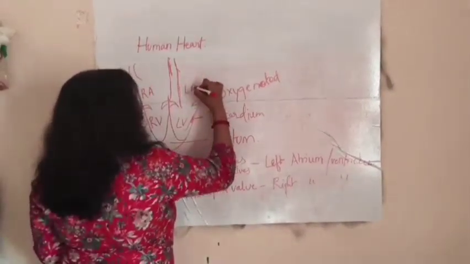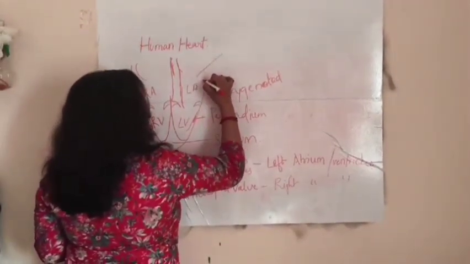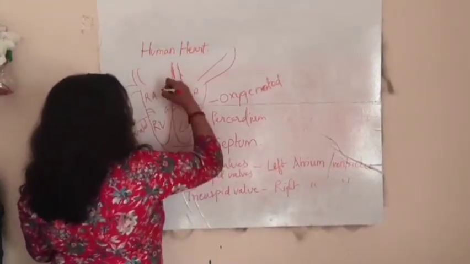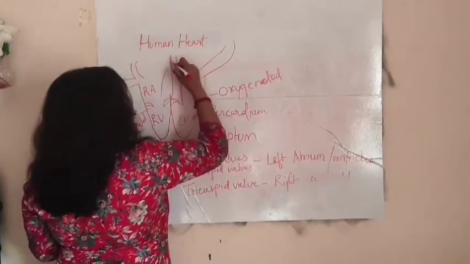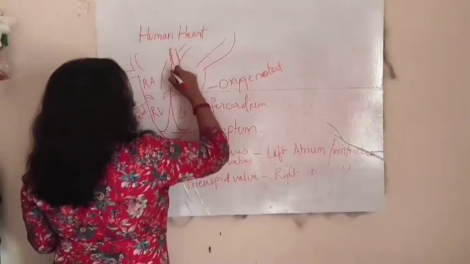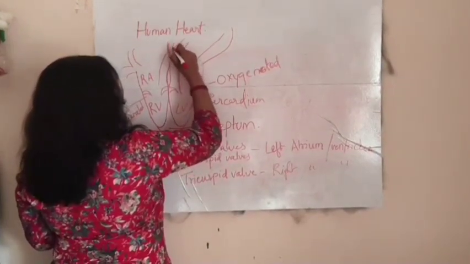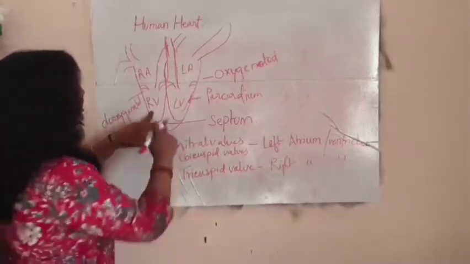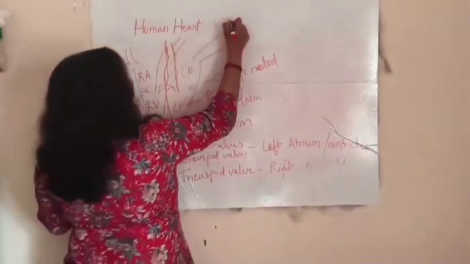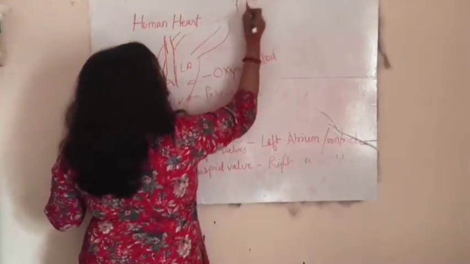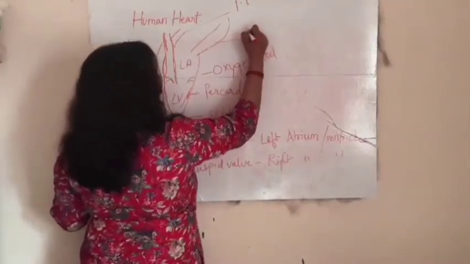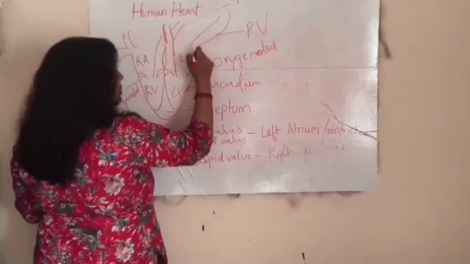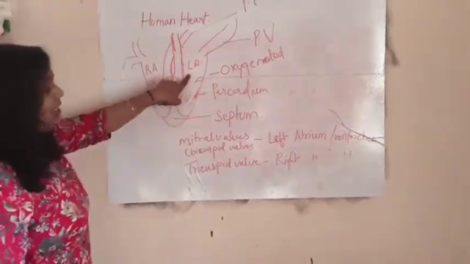Now what comes in the left atrium? The pulmonary vein. Okay, what goes out of the right ventricle? The pulmonary artery. Okay, I hope you are understanding this, because see, the right ventricle is going to push the deoxygenated blood through the pulmonary artery, and the pulmonary vein is carrying the oxygenated blood from the lungs to the left atrium, the blood collection center.